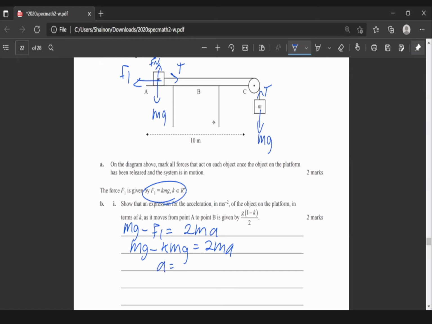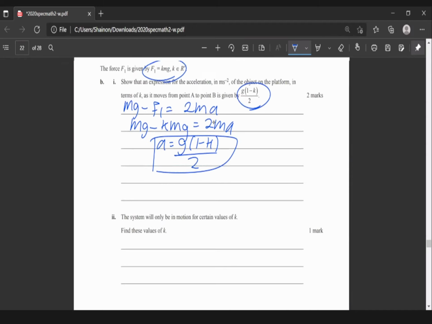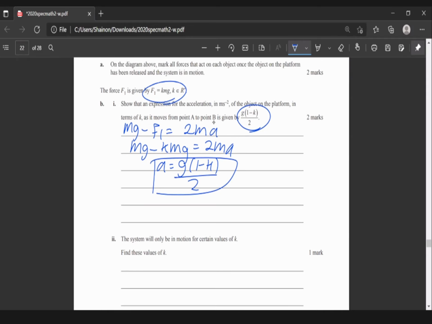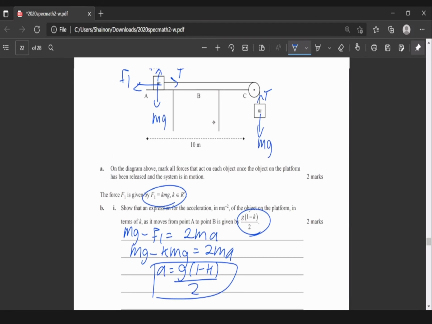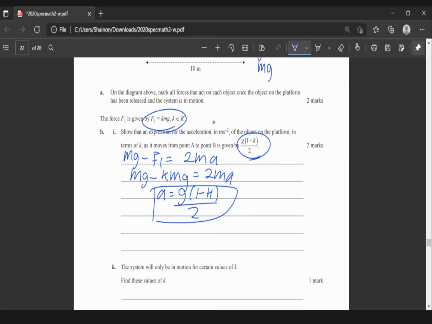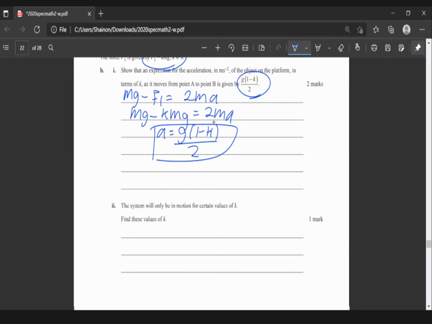For 2 marks, you can just put whatever they put here, because we know it's going to be correct. So a is g(1 minus k) over 2. The system will only be in motion for certain values of k.